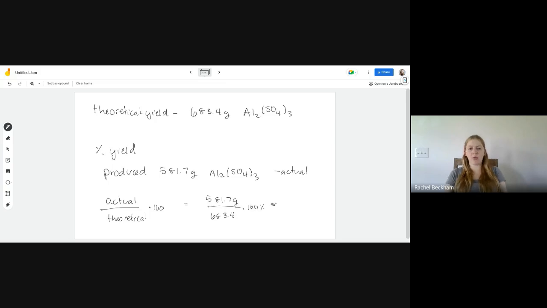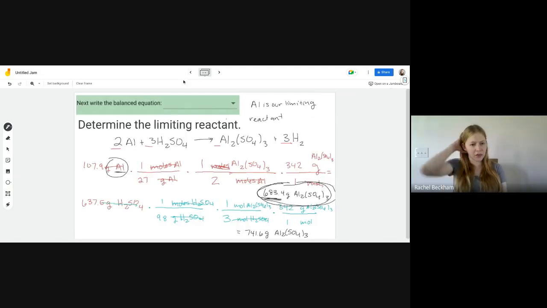So 581.7 divided by 683.4 times 100, and that is 85.1%. Okay. So the percent yield is just the actual yield, which is given in the problem, divided by what you theoretically got. And the theoretical yield is whichever one was produced from the limiting reactant.